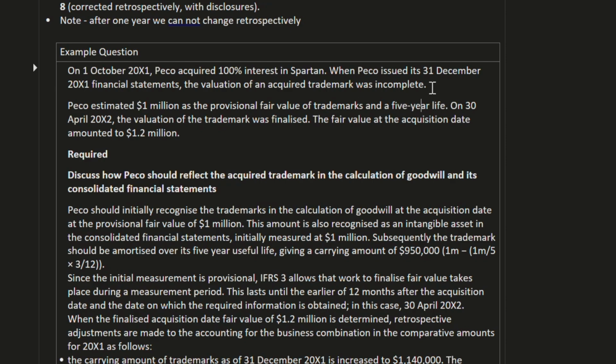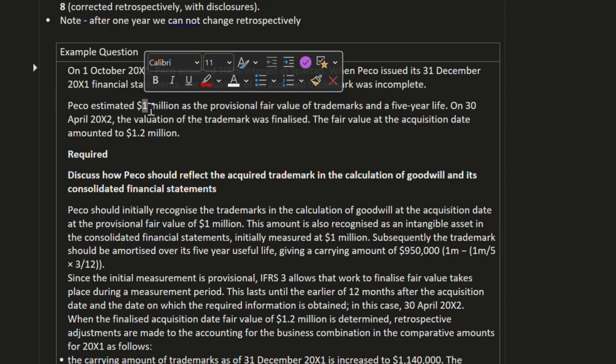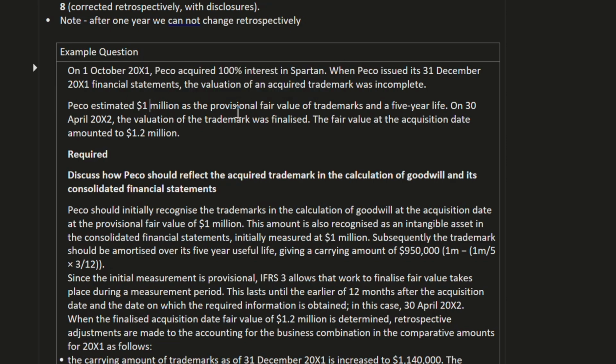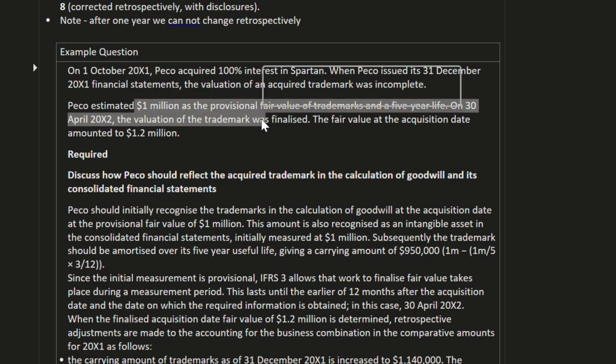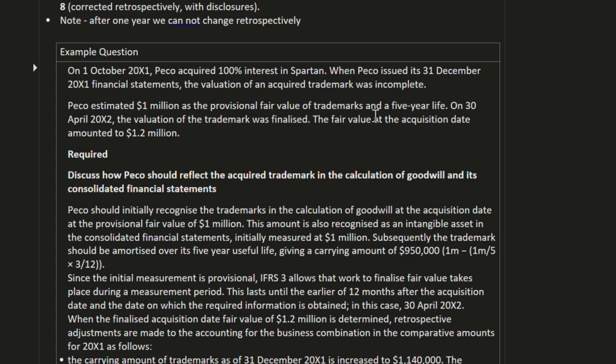On 31st of December, the value we use to amortize is 1 million, because we have the provisional fair value. On the basis of the provisional value, we will amortize this. Once we get the finalized amount of the trademark, we will replace it. How will we replace it?